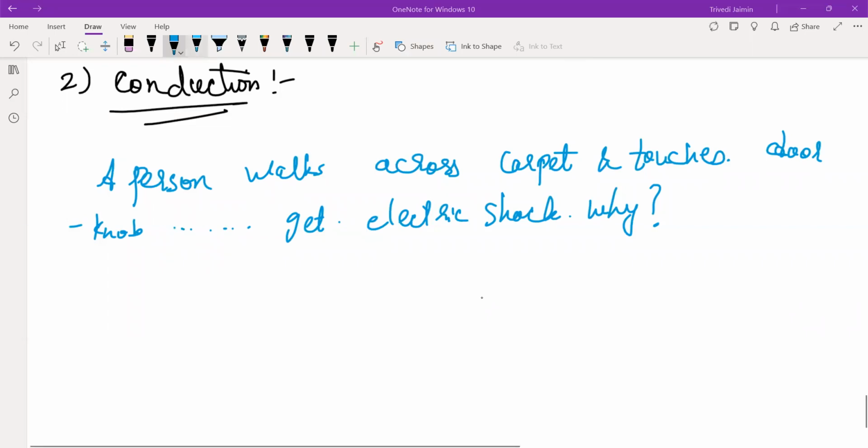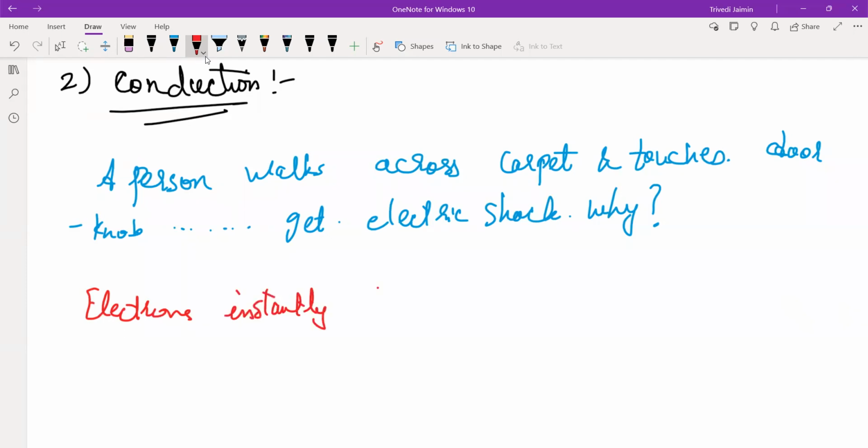So what happens when we do this? Electrons are transferred instantly, they travel from the carpet to the person.